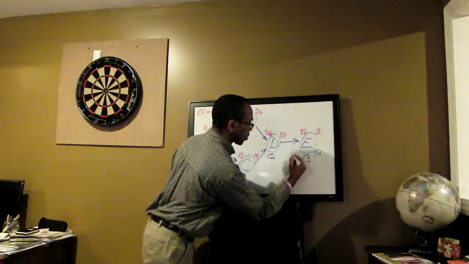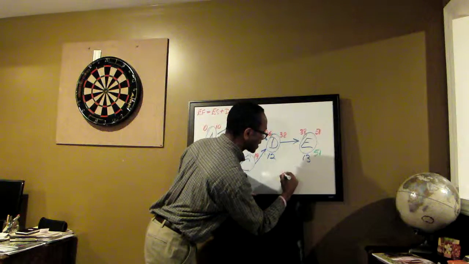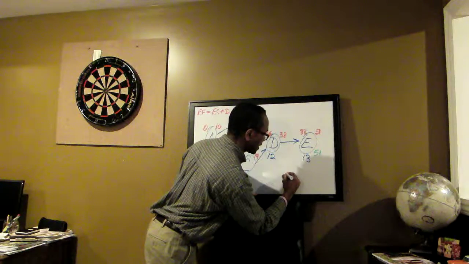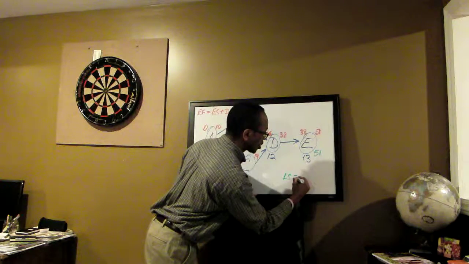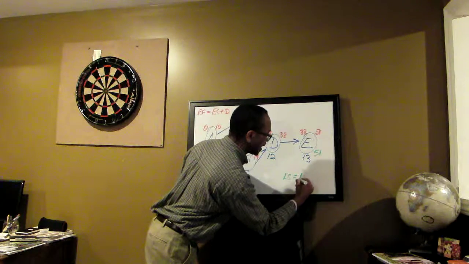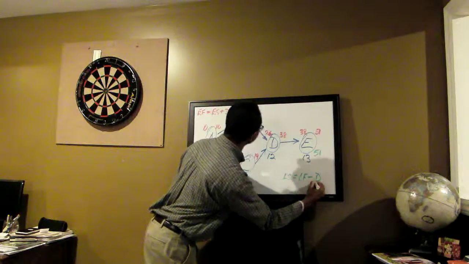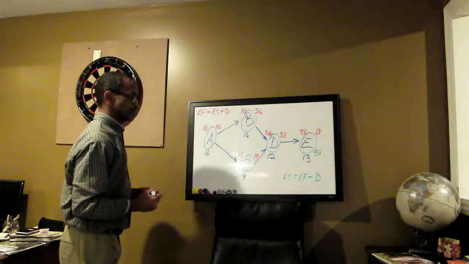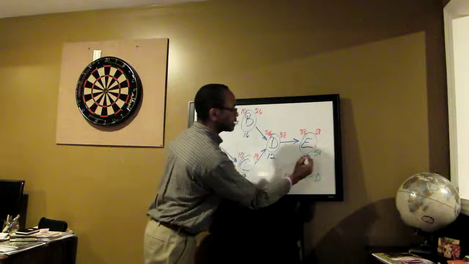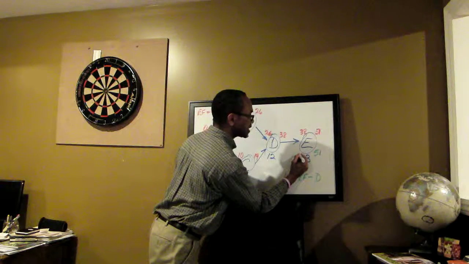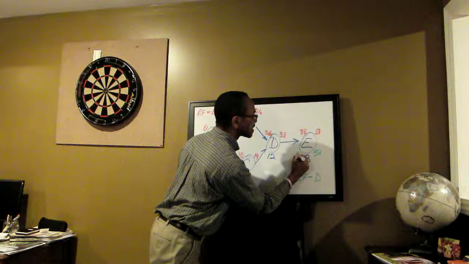We are saying that our late start is equal to our late finish minus our duration. So our late start for E becomes 51 minus 13, that is 38.